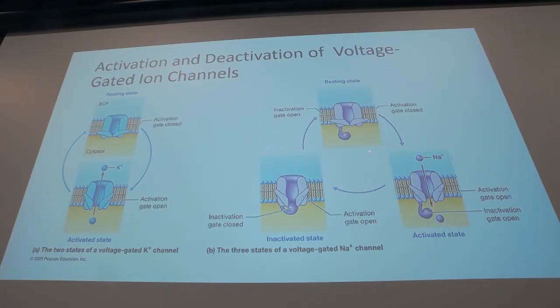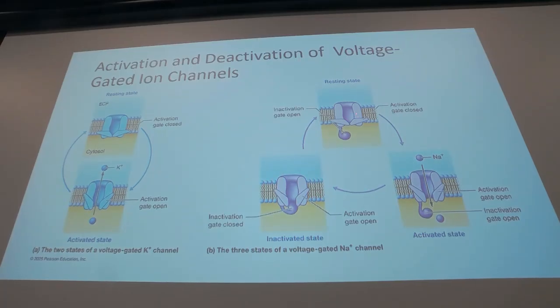Now for sodium, we have this activation gate that is closed and this inactivation gate that is open. So it has three parts. And this is in resting state. In resting state, this inactivation gate is open and the activation gate is closed. Now, this side is going to be the right side activated state and the left side is going to be inactivated state.